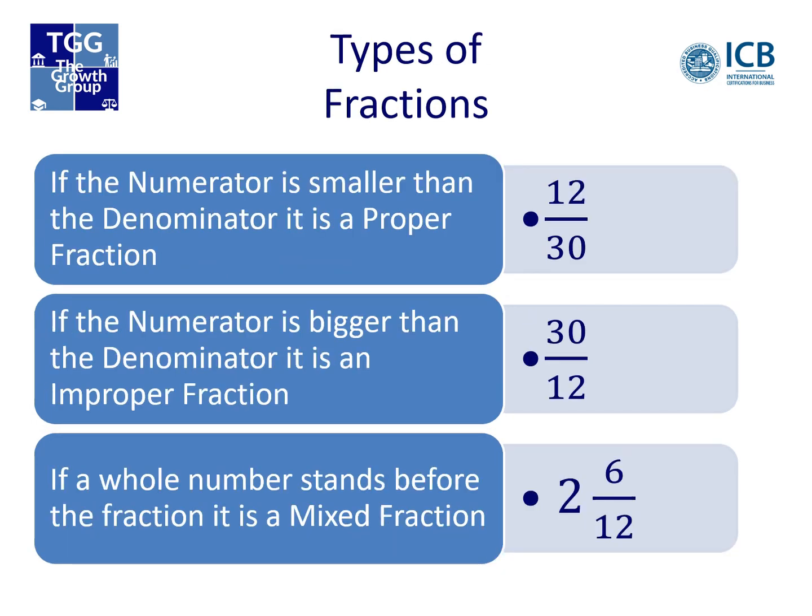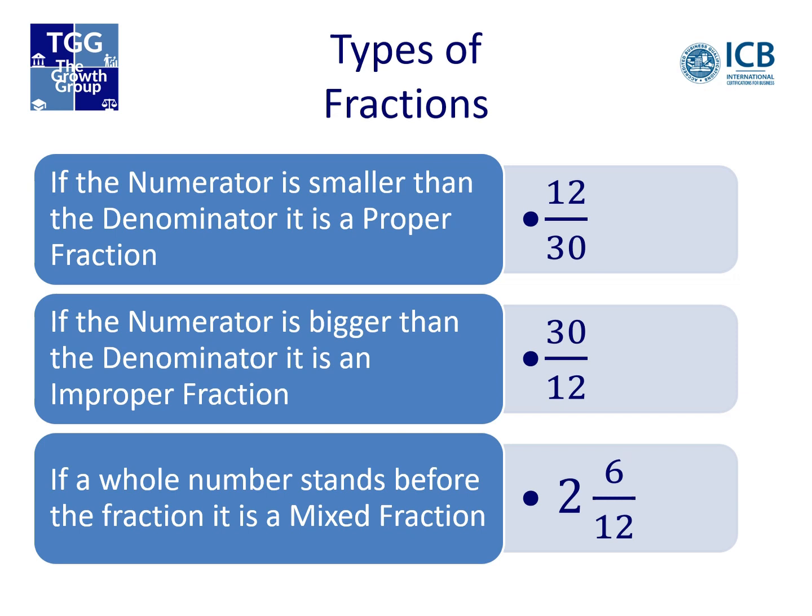Okay, now that you know that, we are going to look at different types of fractions, and we get 3 types of fractions. The first one is if the numerator is smaller than the denominator, and those are the ones that we have been looking at so far. So if that is the case, we have a proper fraction, like in this case 12/30.